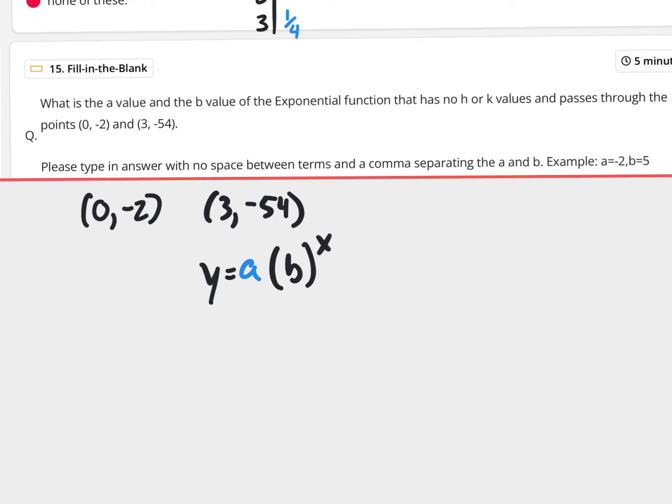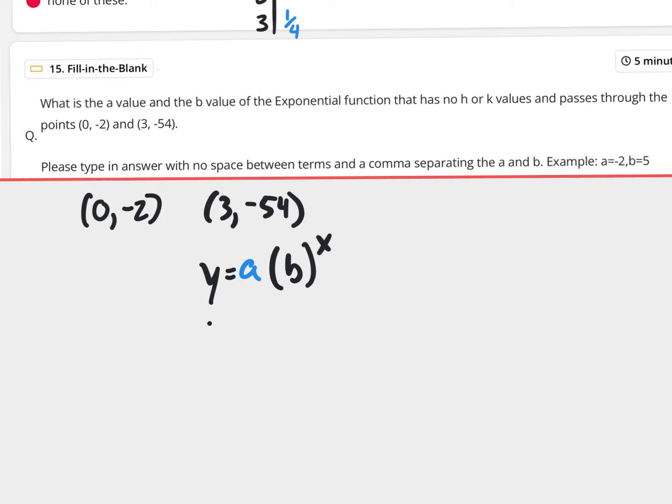And they're asking for the a and the b values. But what do they give us? See, in math, we always take what they give us to find out what we don't know. So they give us this point and they give us this point. Well, if we plug in 0 into x, then technically you know your a value is this y value. Think about that, right?